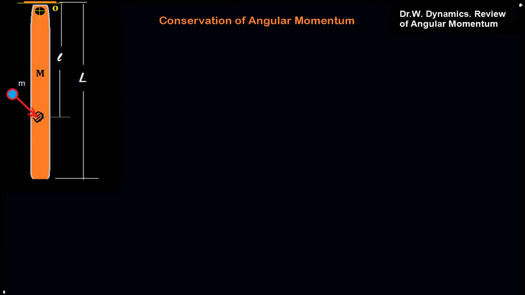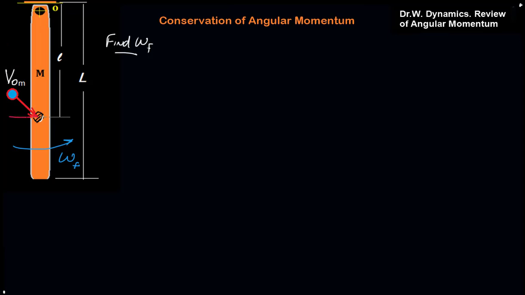Let's give it an initial velocity of v0 on impact, and let's find omega final, the angular velocity of the bar after this impact. If we look at it, we have a mixture of linear momenta coming in here and angular momentum as well, which is fine.